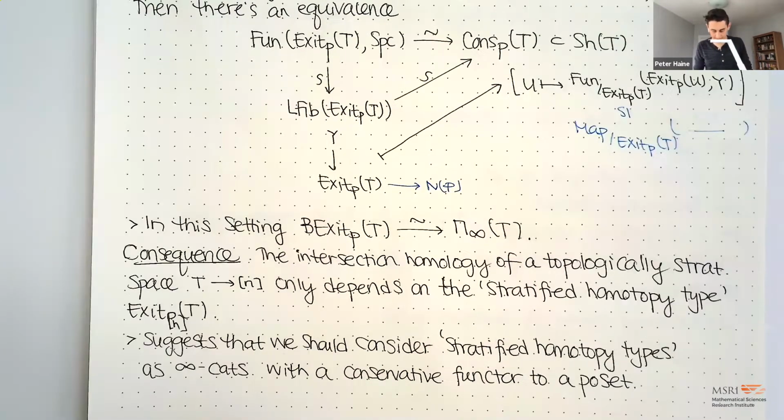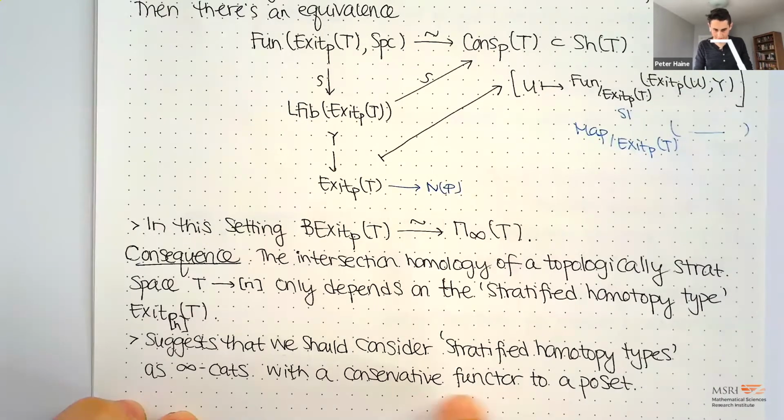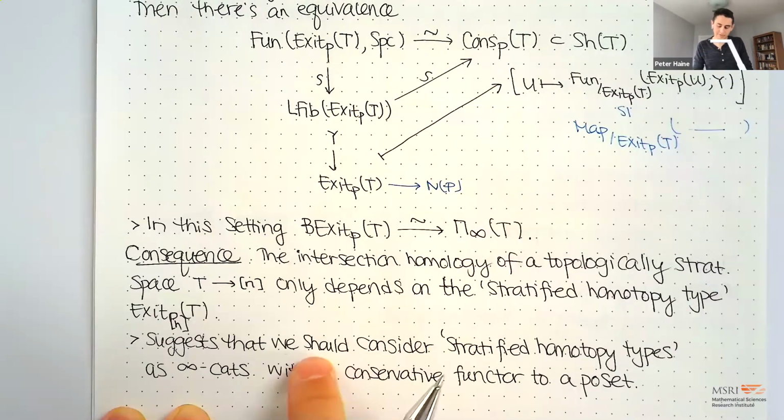And okay, so essentially the point of today's talk will be to show, I mean, you can say what this infinity category is without any reference to a topological space ever. But the point will be to explain why this is actually equivalent to a homotopy theory of stratified topological spaces.